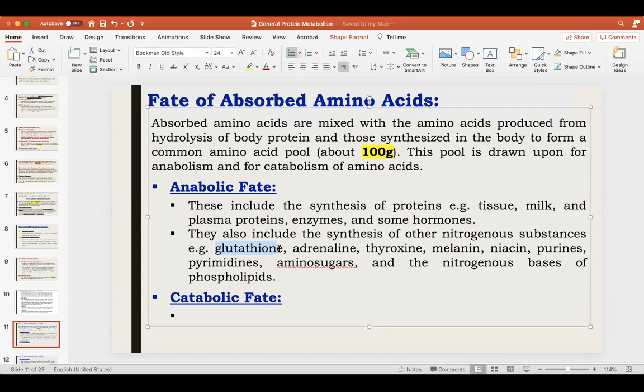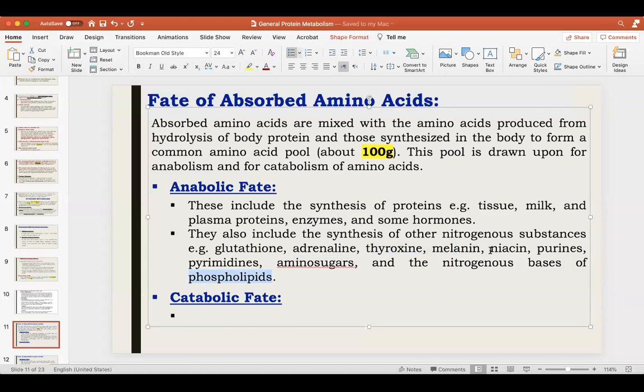I have explained the glutathione in the lecture. Adrenaline is a hormone, thyroxine, melanin, niacin, purines, pyrimidines. Purines and pyrimidines are nitrogenous bases in the DNA and RNA. Amino sugar, we take the amino group from amino acids, the nitrogen of the phospholipids, okay? So amino acids are used for synthesis of important compounds in our body, such as tissue proteins, hormones, enzymes, neurotransmitters.